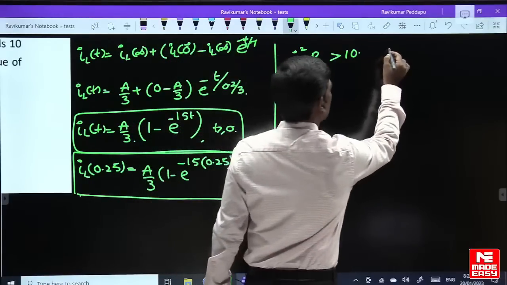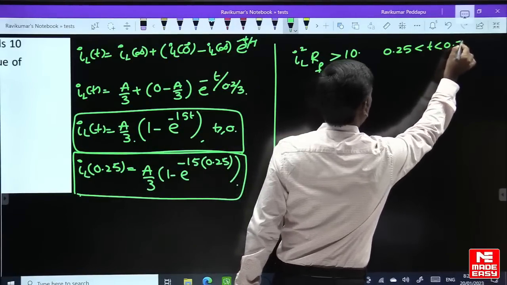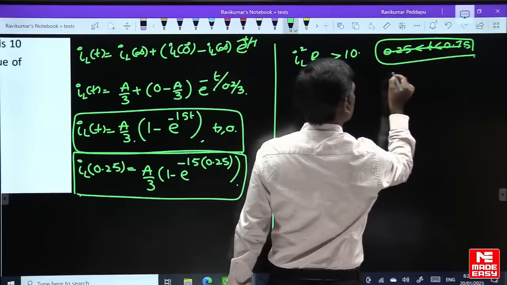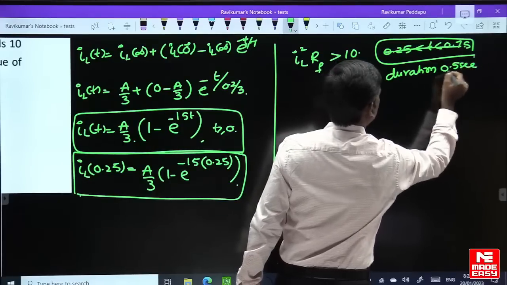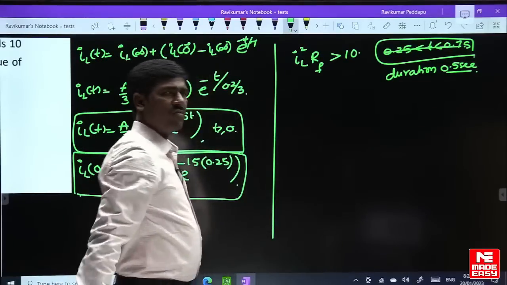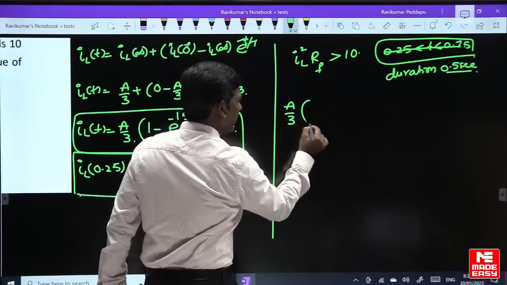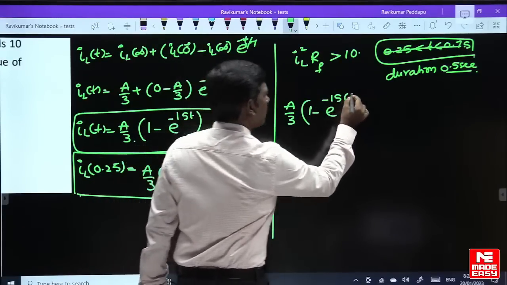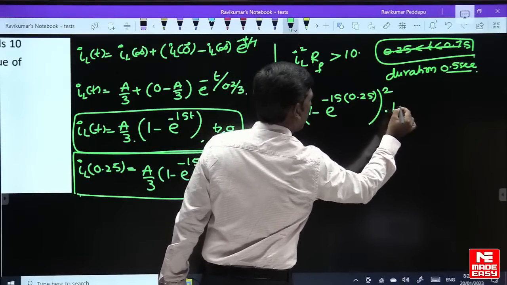The duration is 0.5 seconds, that means 0.25 to 0.75. So R of the fuse is equal to 1 ohm. So IL square, A by 3 into 1 minus e power minus 15 into 0.25, whole square into R equal to 1, is equal to 10 watts.